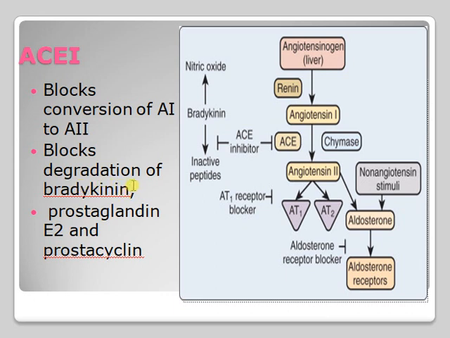If bradykinin degradation is blocked, that means its metabolism will not occur, and due to the inhibition of metabolism, the level of bradykinin increases, and the rise in bradykinin level will cause cough reflexes in the patient. So that is one of the major side effects associated with angiotensin converting enzyme inhibitors. Again, it is linked with prostaglandin and prostacyclin release also.